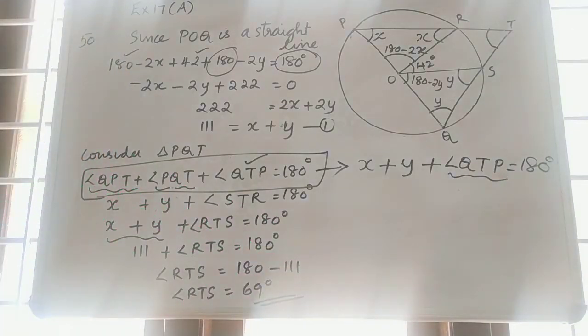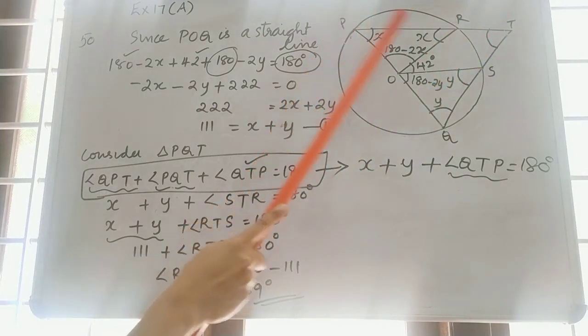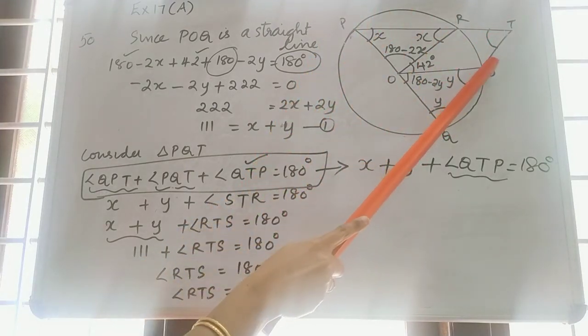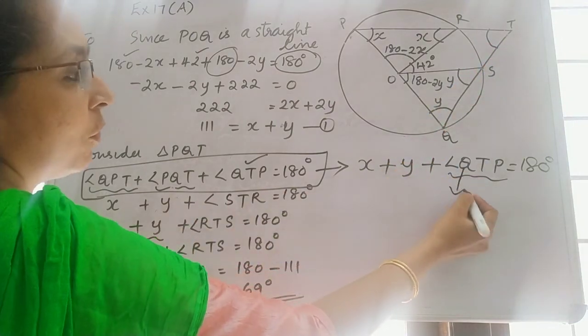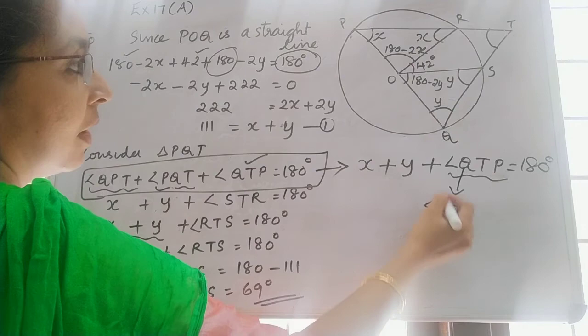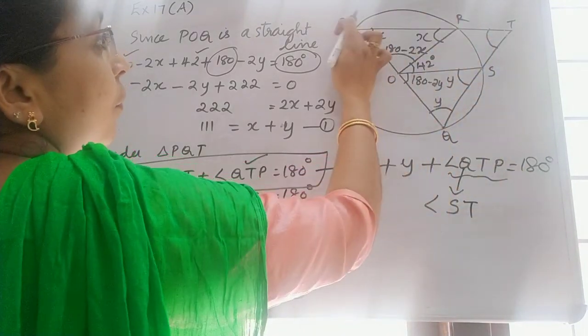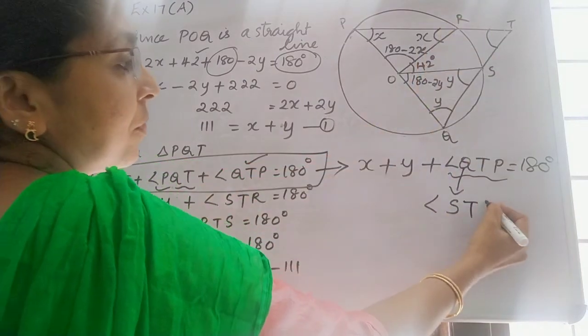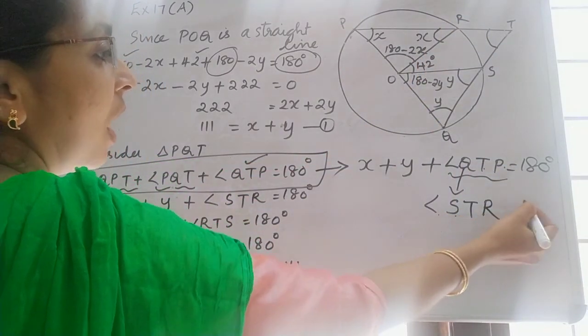Instead of Q, we can write S, and instead of P, we can write R. So QTP can be written as angle STR.